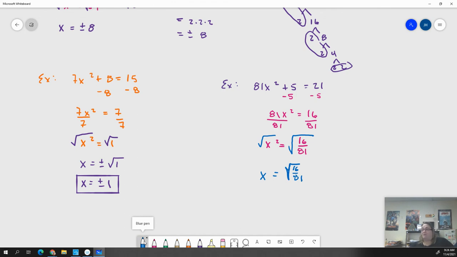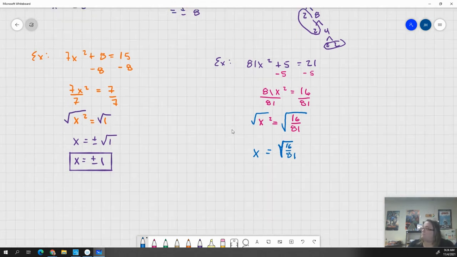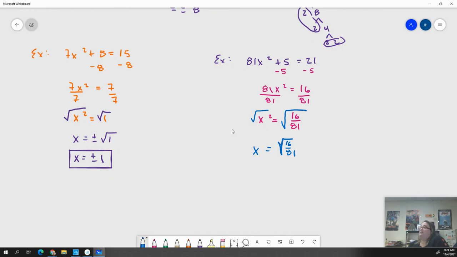One of the reasons I really wanted to use this is because sometimes people don't understand how you would break down a fraction in a square root, right? If I have a fraction under the square root, I could rewrite this as the square root of 16 over the square root of 81.